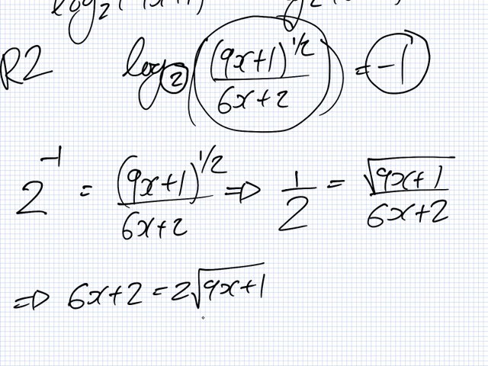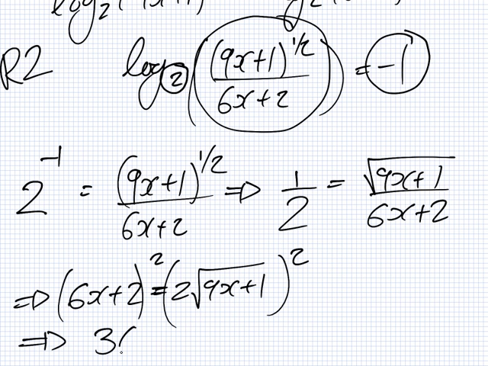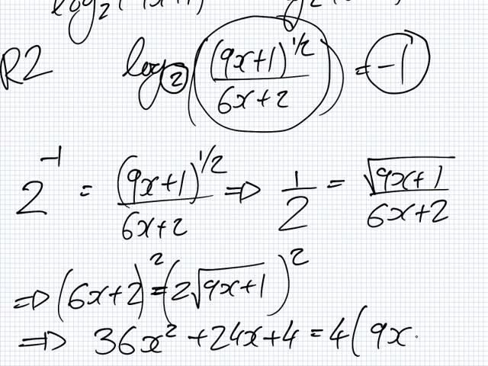Okay, any ideas on what I could do next? Square both sides. So if I square here, and then I square here, on the left I'll get 36x squared plus 24x plus 4 equals 4 times 9x plus 1, because the square and the square root cancel each other.